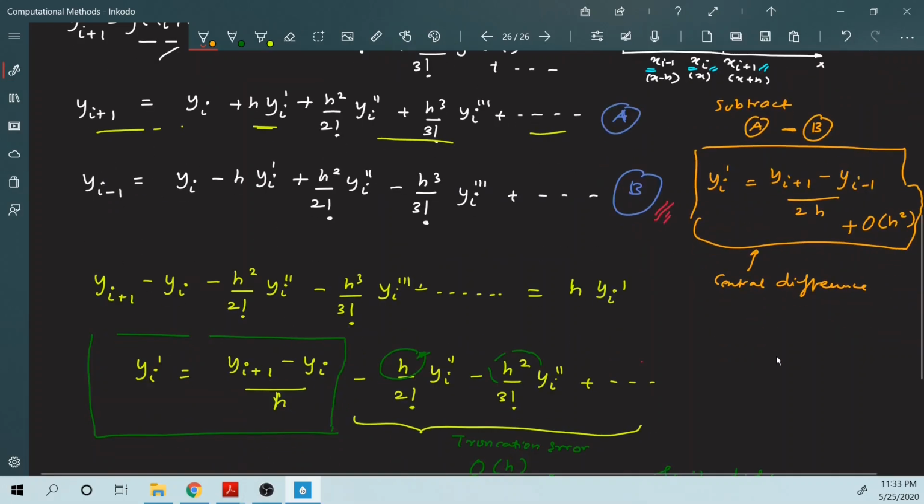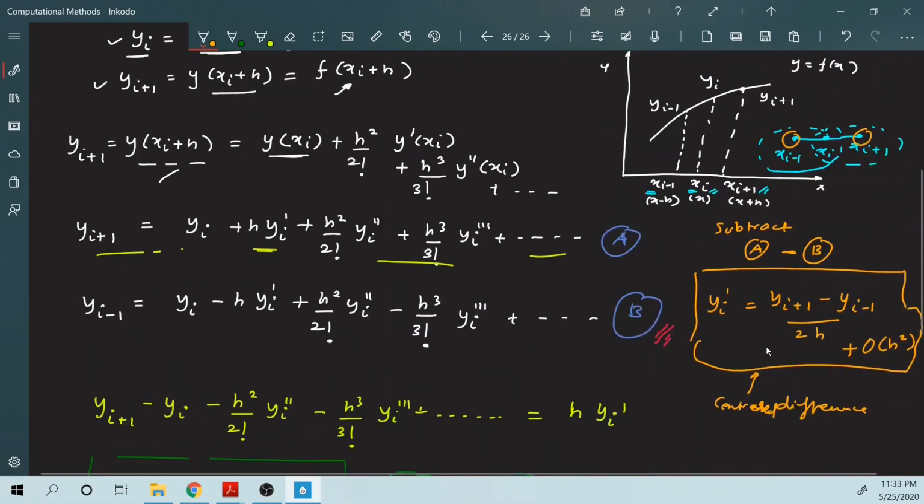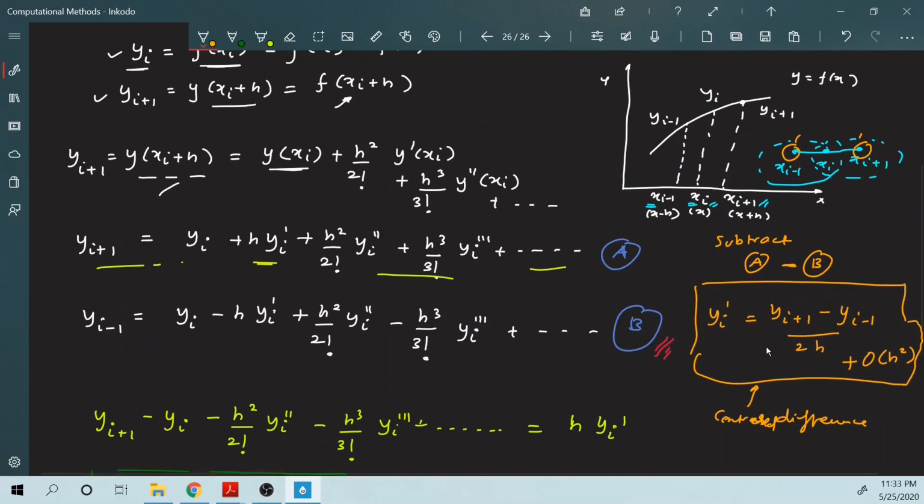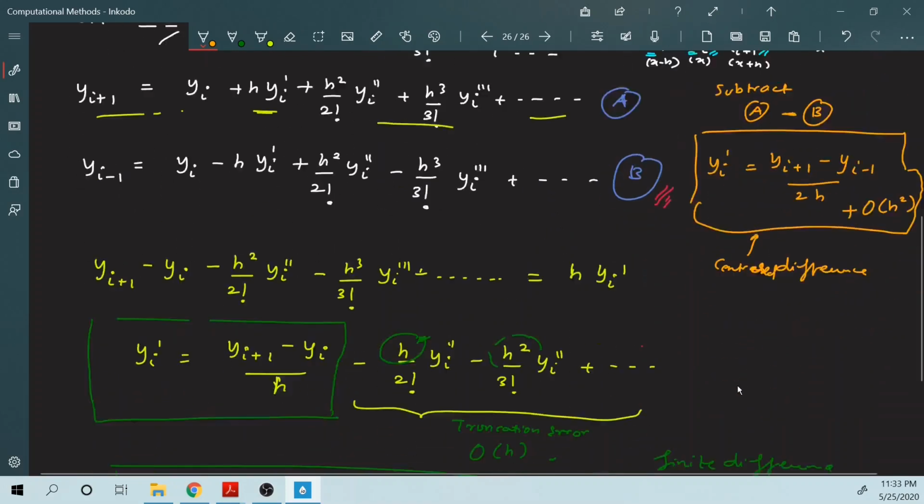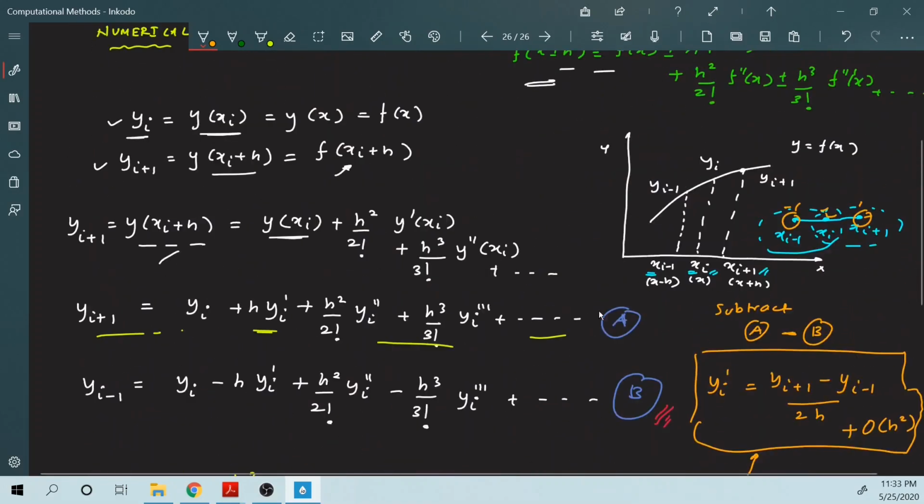So this is a centered difference scheme. So when you use this point and this point, it is centered. When you use this point and this point, it is forward, and this point and this point is going to be backward. Okay, so this was for the first derivative.